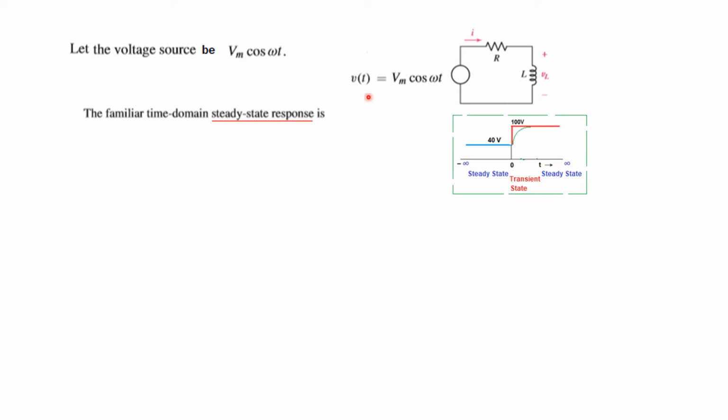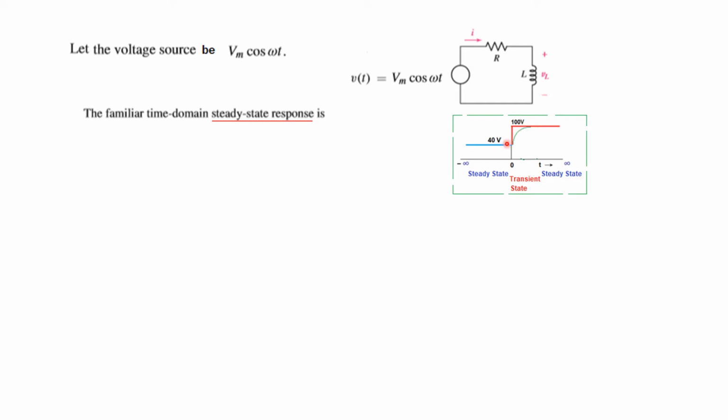Now, since the circuit is in steady state, if it is not mentioned, we'll assume it to be in steady state. And what does steady state mean? Let's clarify. From this diagram, we have learned earlier that in case of a step response, if the input was 40 volt earlier and then suddenly it is increased to 100 volt, then the capacitor or the inductor circuit will take time to charge.